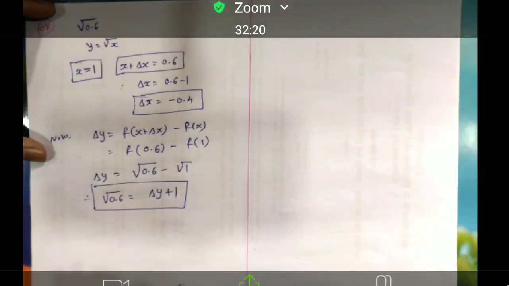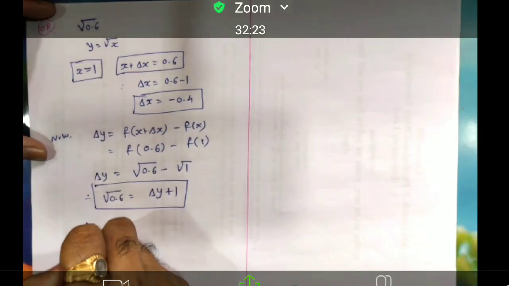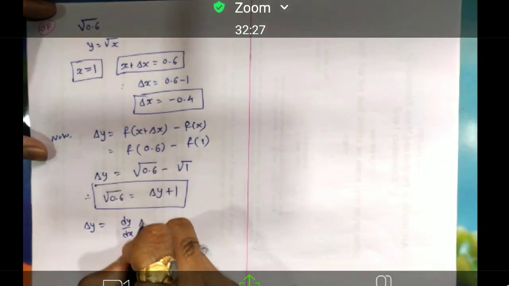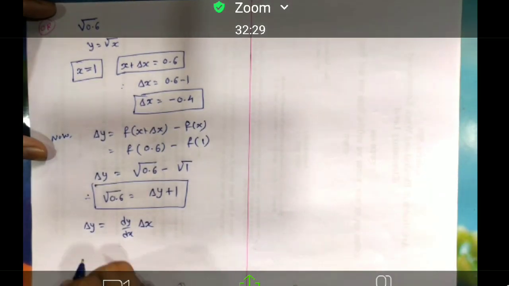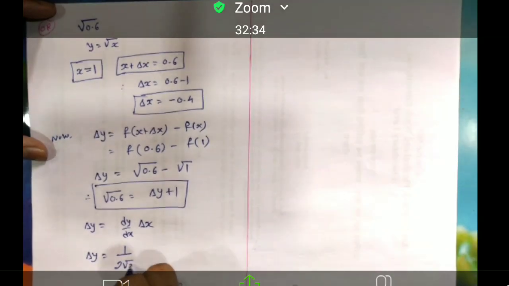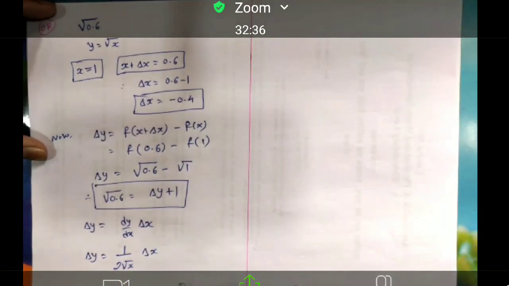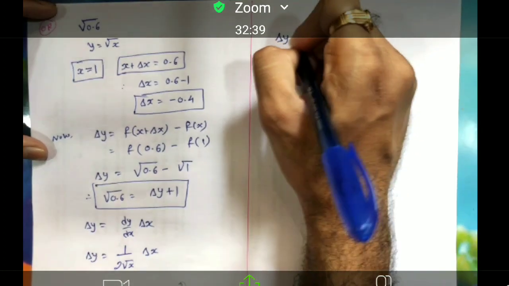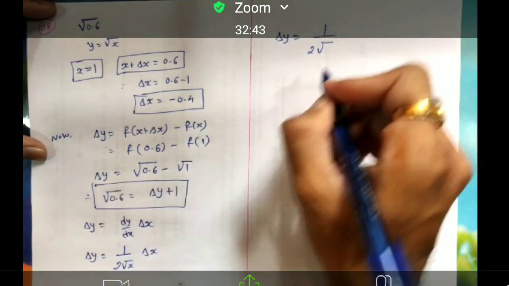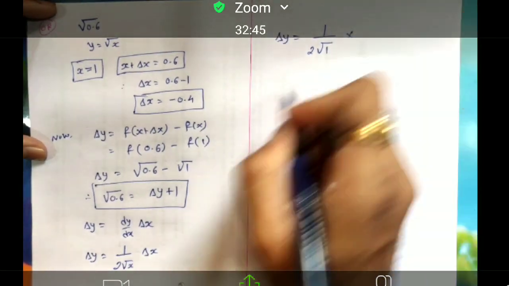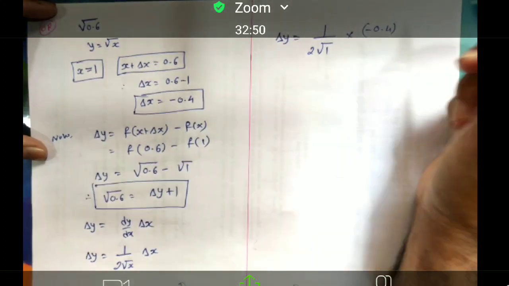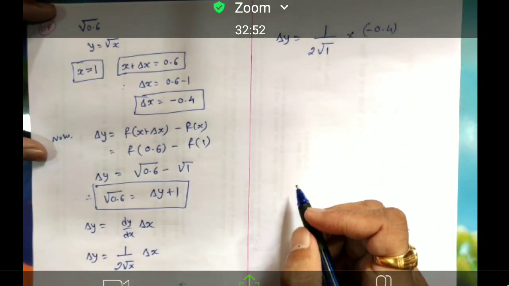So now what is our delta y? Our delta y is dy by dx into delta x. So delta y equal to dy by dx, which is 1 upon 2 root x into delta x, and therefore our delta y is, now put the value of this 2 root x, x is 1, into delta x, which is minus 0.4. Done.